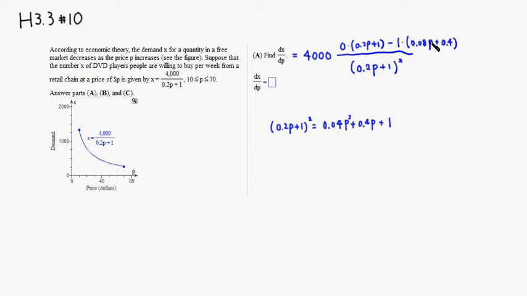Alright, so we have that. Then we just need to simplify. This 0 times anything is 0, so I'm going to scratch that out.